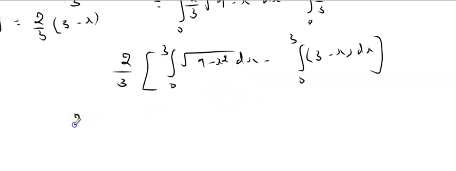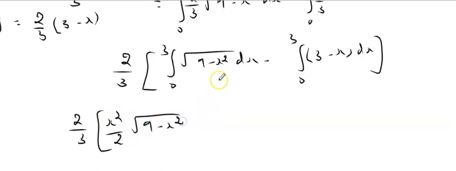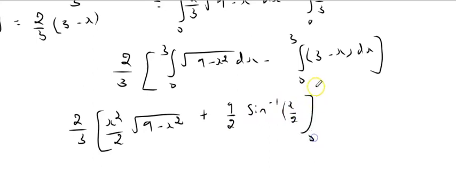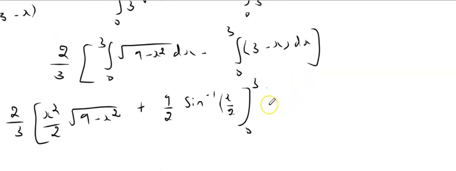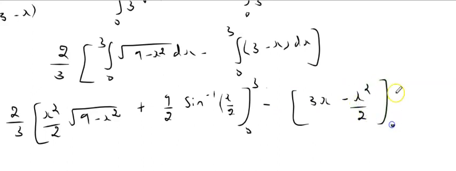So this is now going to give you 2 by 3 into x by 2 root of 9 minus x squared, a squared is 9, so plus 9 by 2 sine inverse of x by 3 between the limits 0 to 3. Now integration of this y1 would give you 3x minus x squared by 2 between the limits 0 to 3.